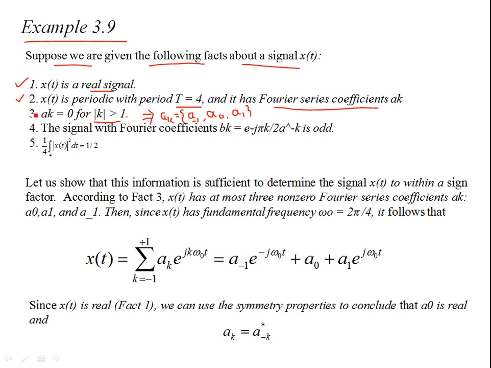Then fact 4 says that the Fourier coefficients bk equal to e to the minus jk pi by 2 times a minus k is odd. If the Fourier coefficients are odd, the signal is also odd. You can see that this bk is written in the form of e to the minus jk pi by 2, and then there is a minus k over here.